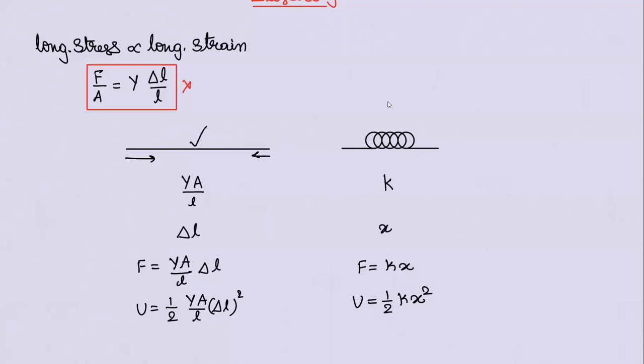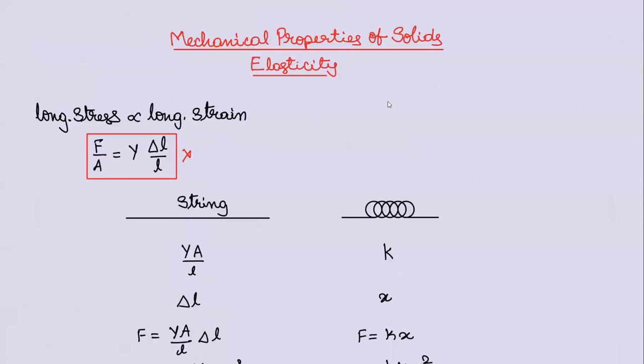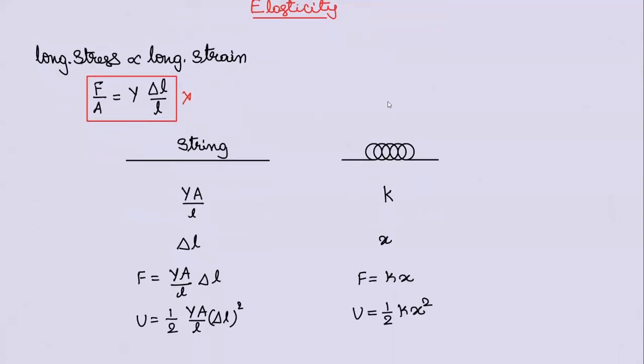A string, it will slack. Be careful. If it is a string, what happens? Tell me, it will slack. So there are some exceptional cases where a little bit tricky thing about elasticity will come into picture. If I compress a string, it won't get compressed, it will slack. But a rod again behaves like a spring. So these kinds of small tricky things we need to understand.